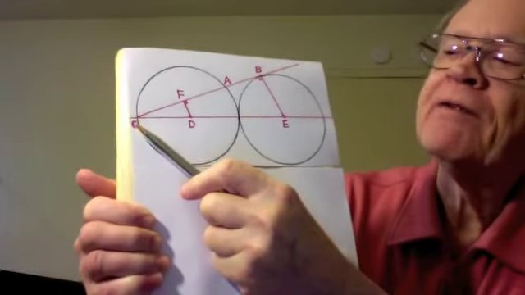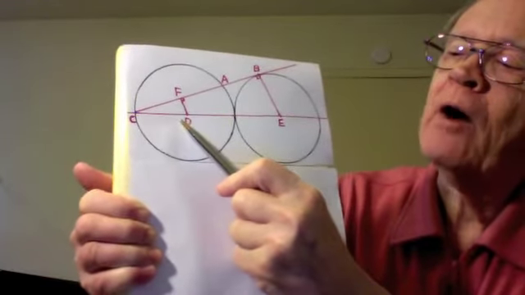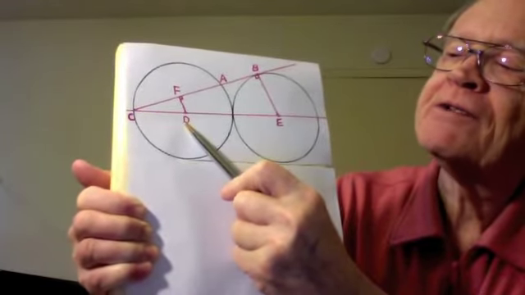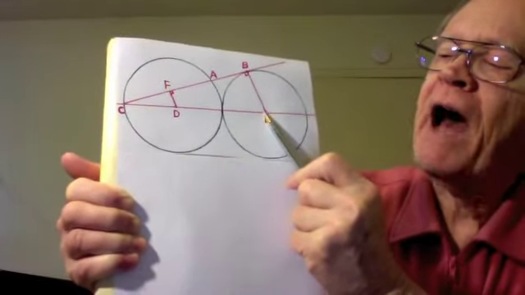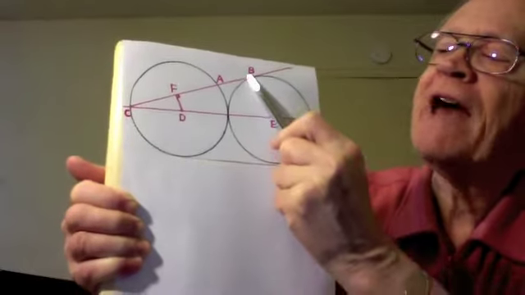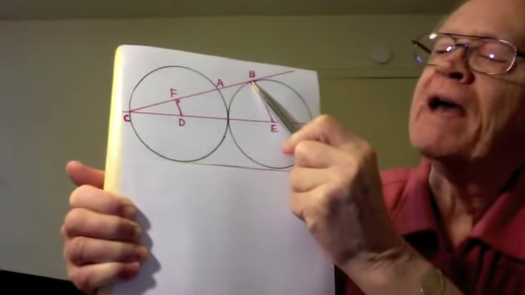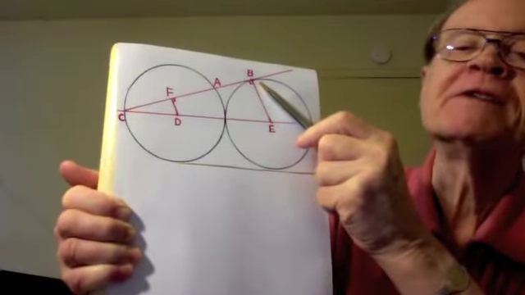I call this point of intersection C. I call the center of the left circle D, the center of the right circle E. I connect E to this point of tangency B by a fact of geometry that makes this a right angle.